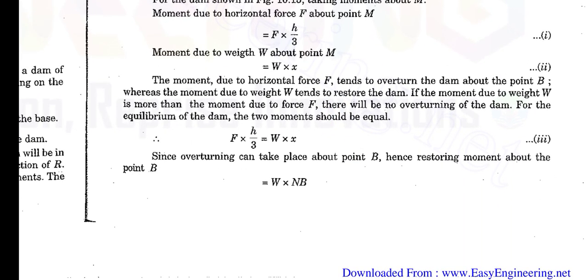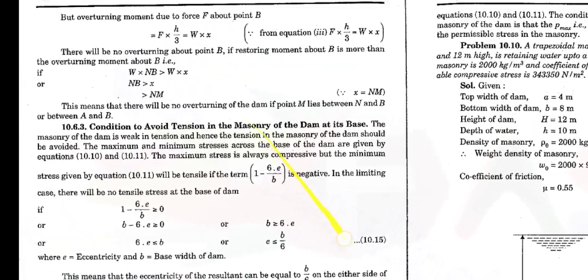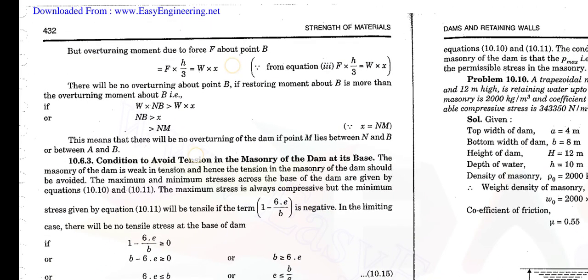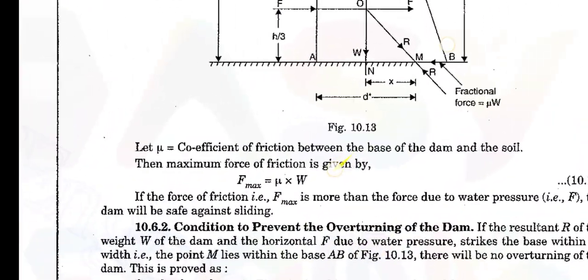After rearranging, you can see that when W into NB is greater than W into x, that is, when the NB value is greater than x, it is stable. What is the NB value?